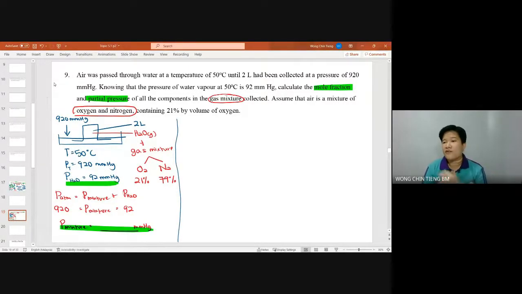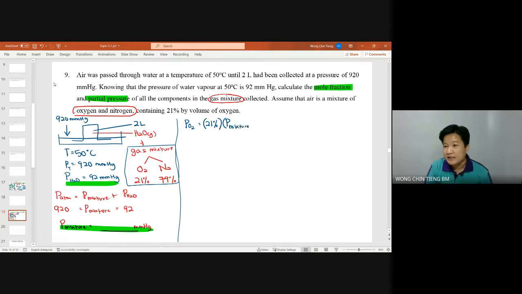And how do I find the partial pressure? No formula is needed. Because I already know that my mixture consists of 21% of oxygen. So, kalau 21% dalam total mixture tu adalah oxygen, nak cari partial pressure of oxygen senang gila. 21% darab dengan the partial pressure of the mixture.